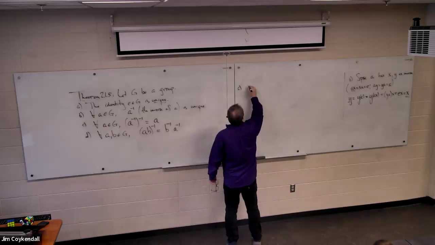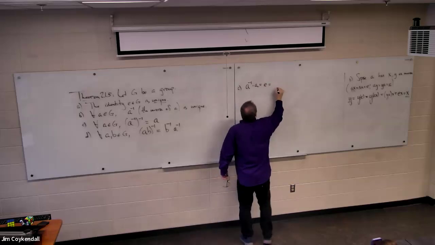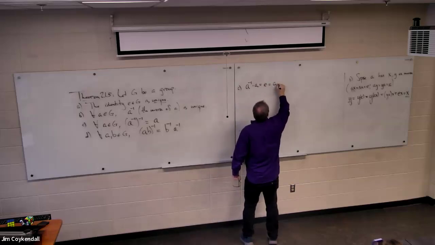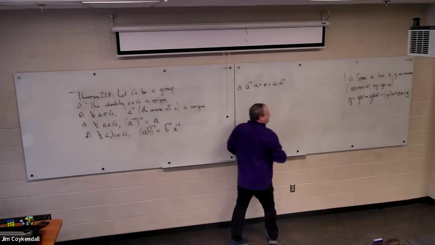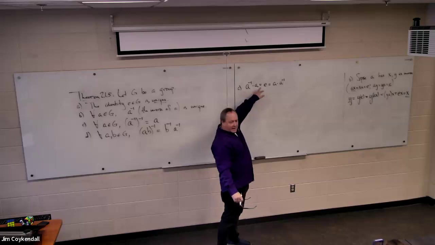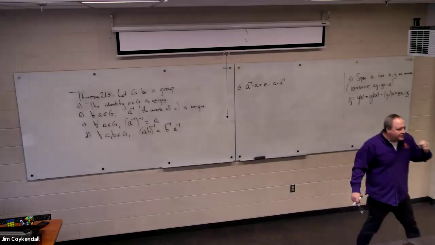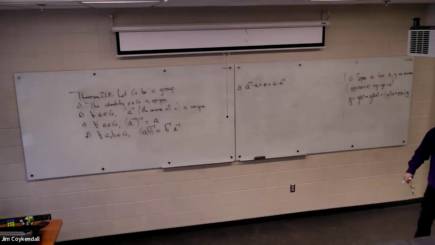Notice that you know that if A is in G, then A inverse times A, doesn't matter what order, is the identity, because we define that to be true in a group, right?